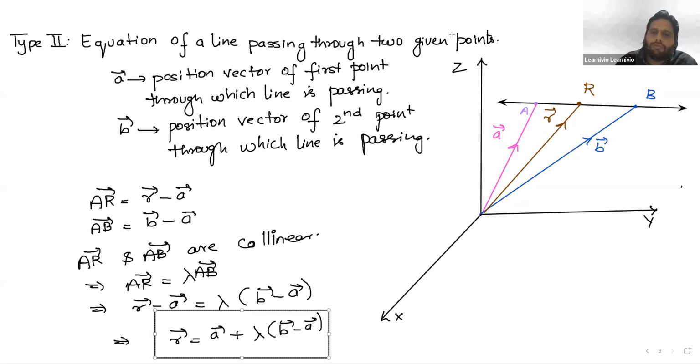So if you have the position vectors of two points through which the line is passing, you can use this formula: r is equal to a plus lambda times (b minus a). I hope this is clear to everyone. Please note this down, raise your hand, then we will start the Cartesian form.